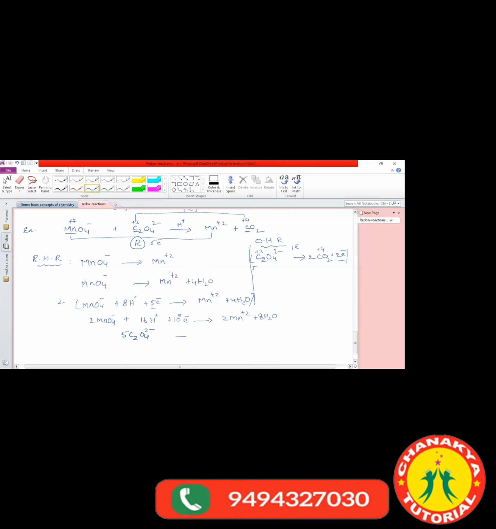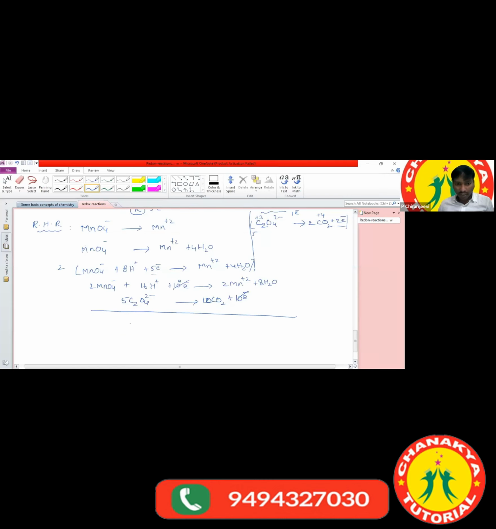No. So finally you can write the equation: 2 moles of MnO4 minus plus 5 moles of C2O4 2 minus plus 16H plus gives rise to 2 moles of Mn2 plus plus 10 moles of carbon dioxide plus 8H2O. So this is the balanced equation.